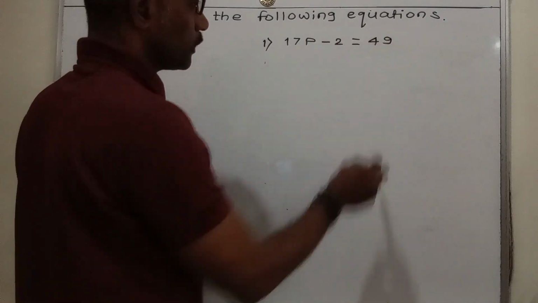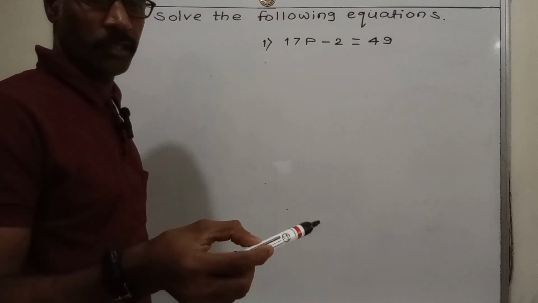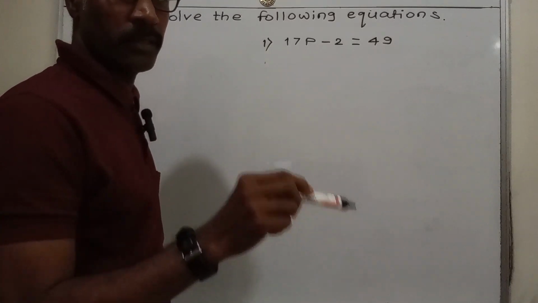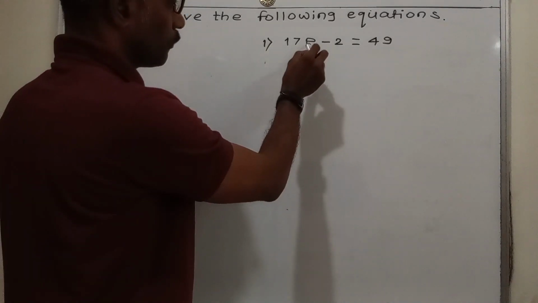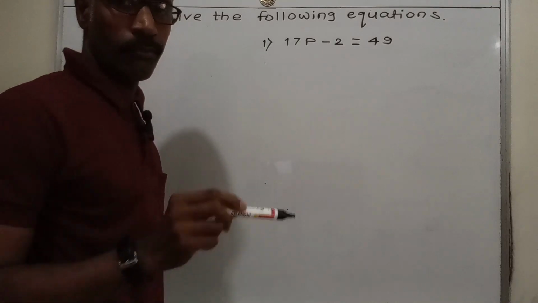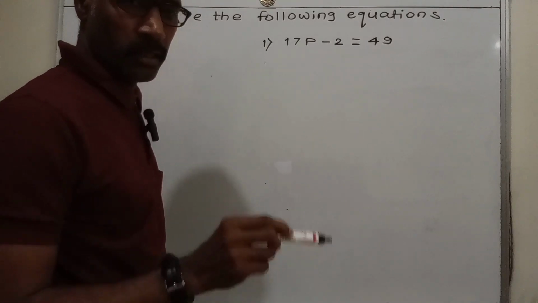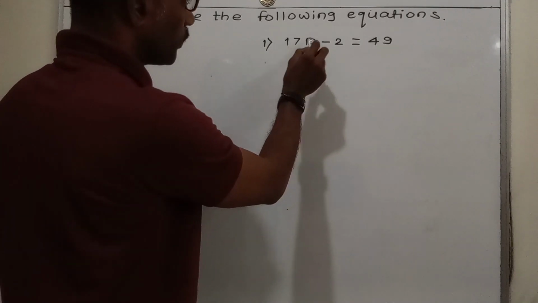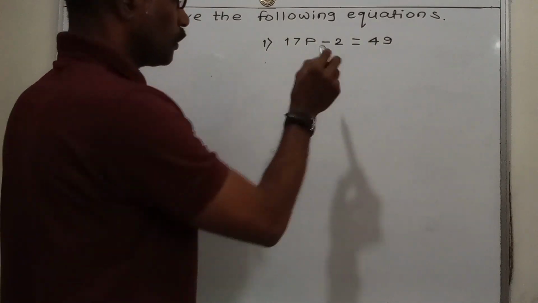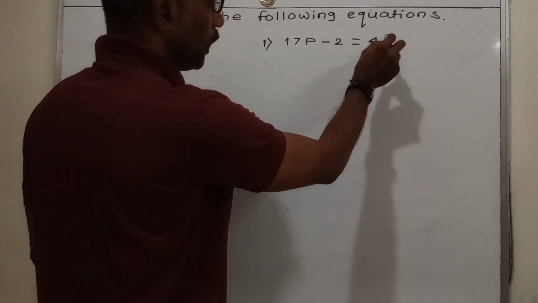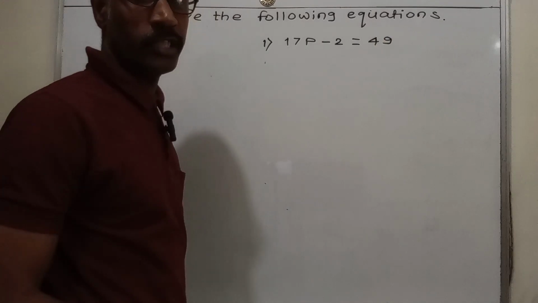Here in this equation, in one variable, p is our variable. 17 into p, minus 2, and this 49.